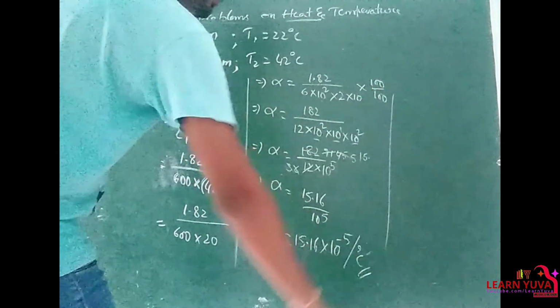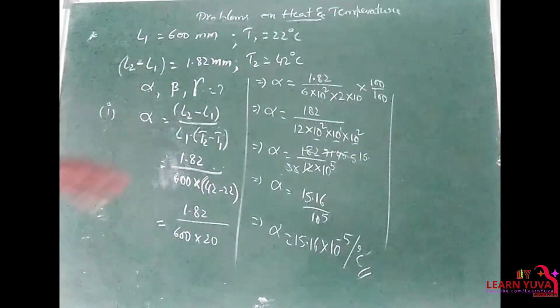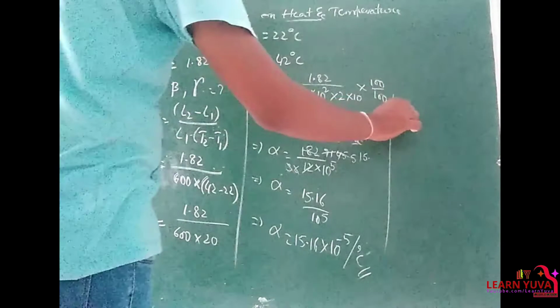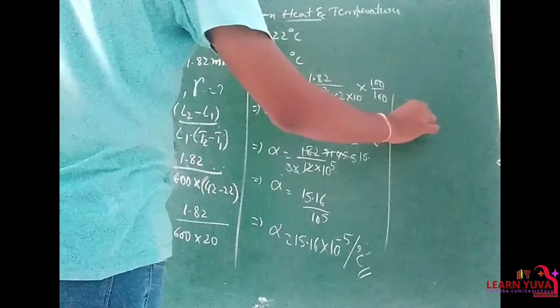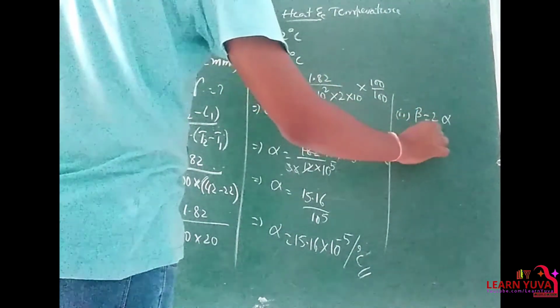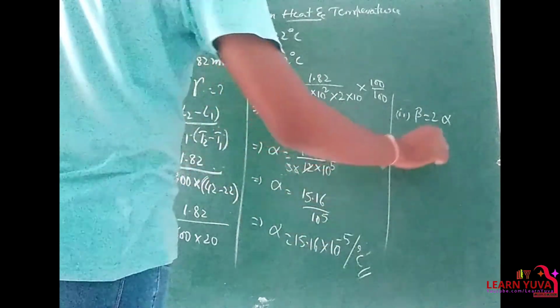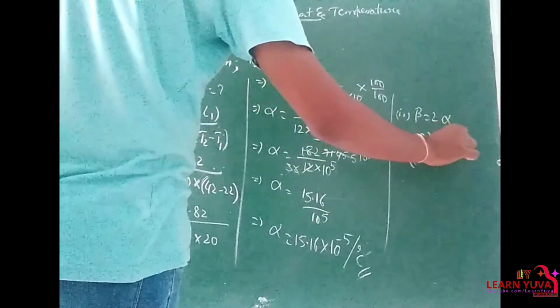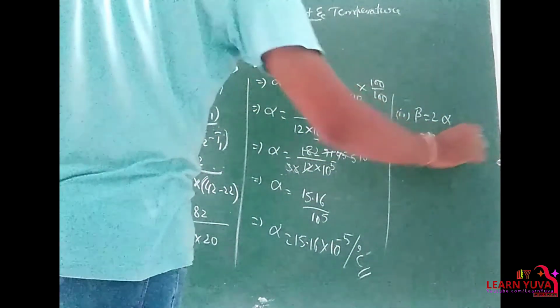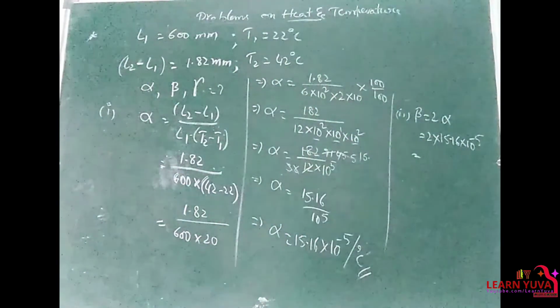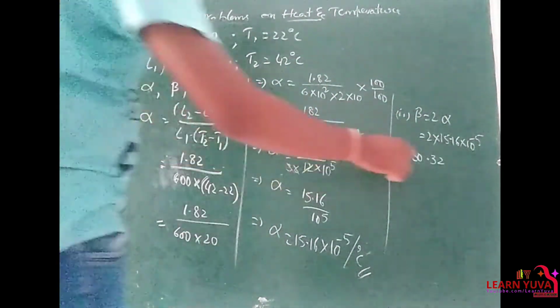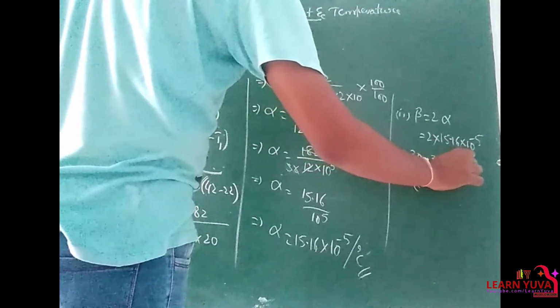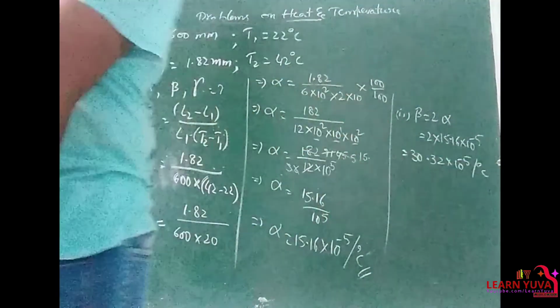This is the alpha value. We have to find beta and gamma also. Second one, beta. Beta is equal to 2 alpha, that is 2 into 15.16 into 10 power minus 5, which is equal to 30.32 into 10 power minus 5 per degree Celsius.